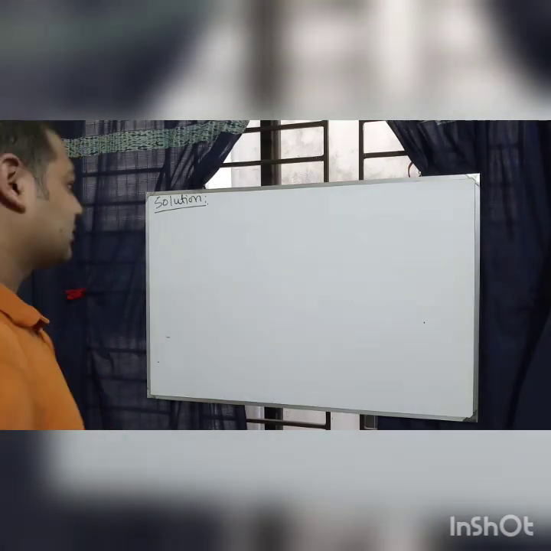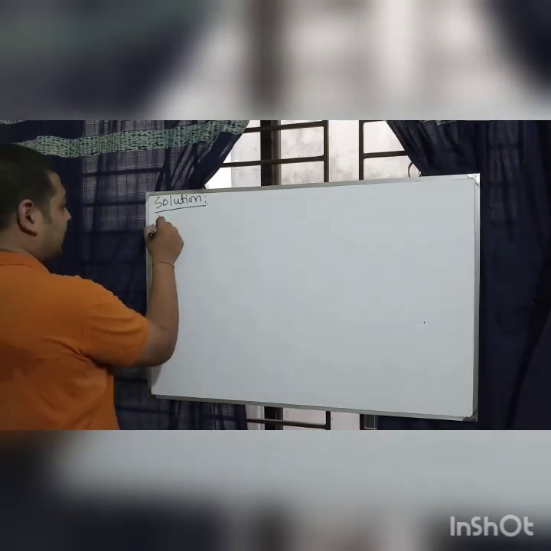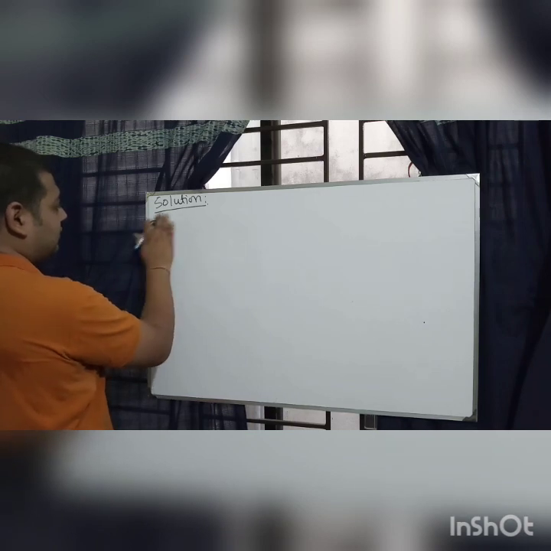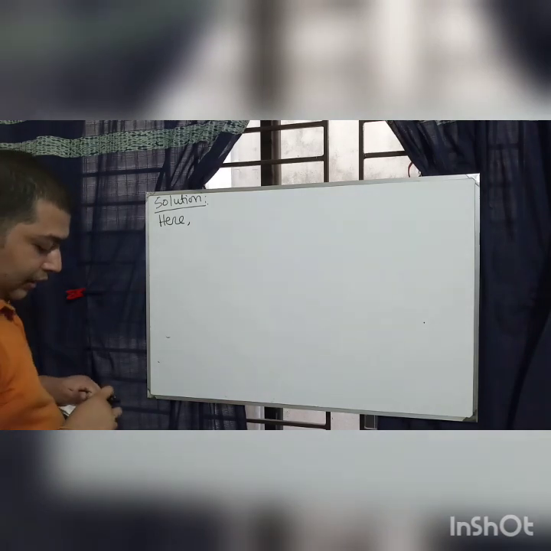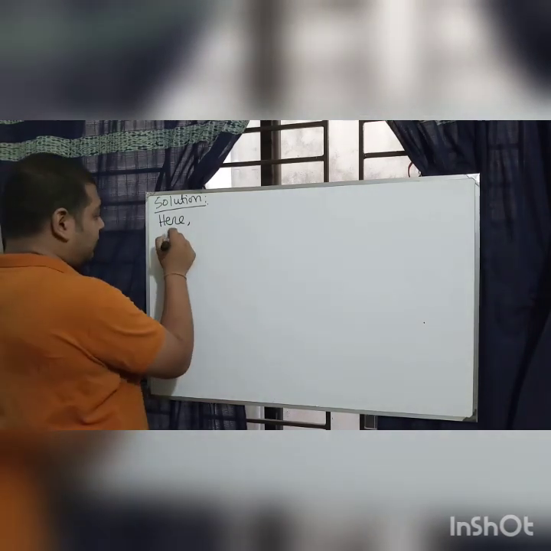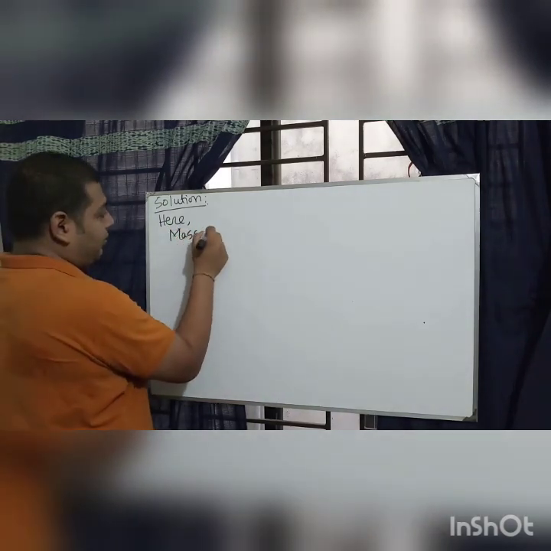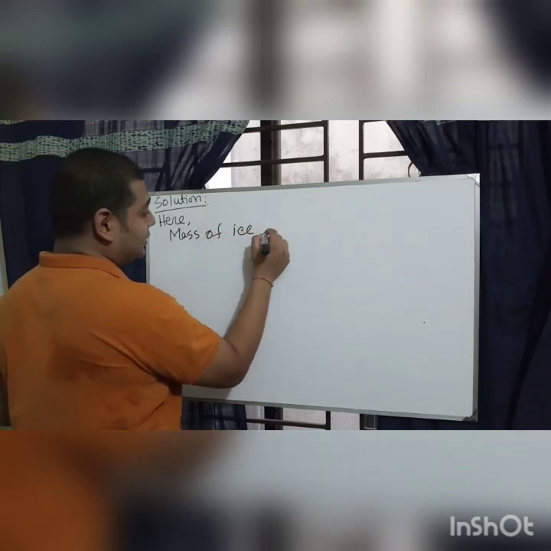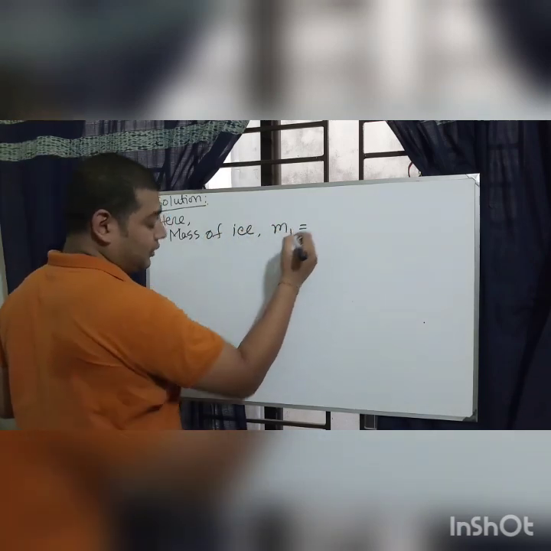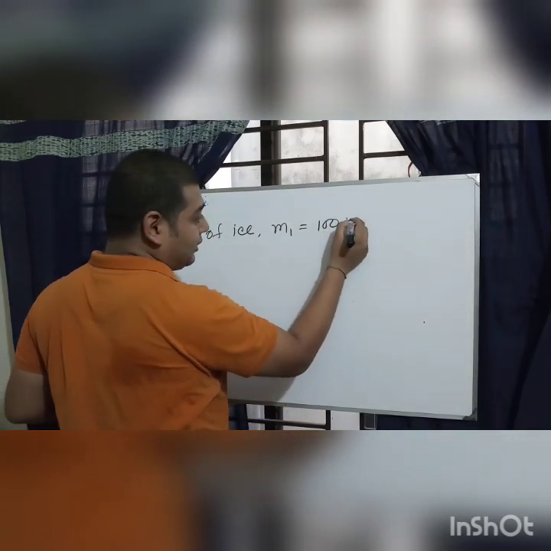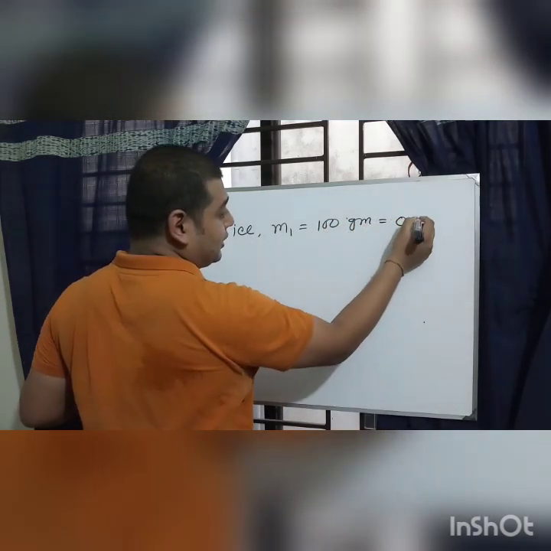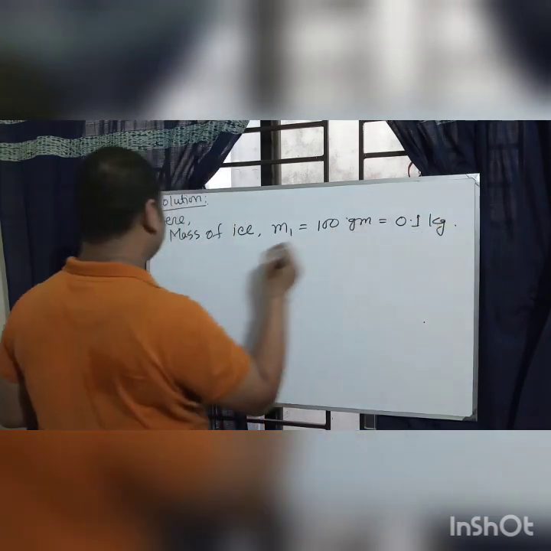First of all, we need to identify the given terms. Here, the mass of ice M1 equals 100 gram equals 0.1 kg.